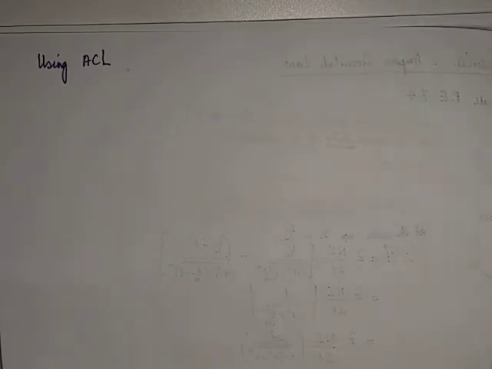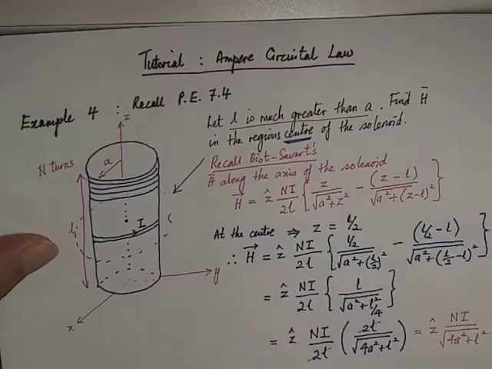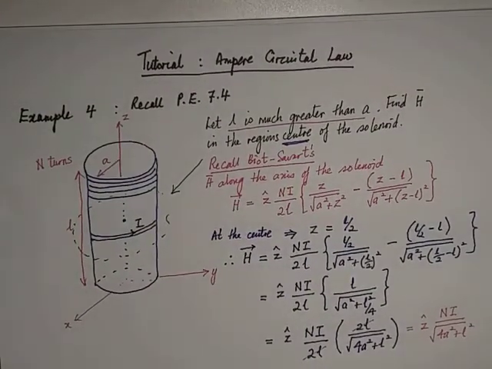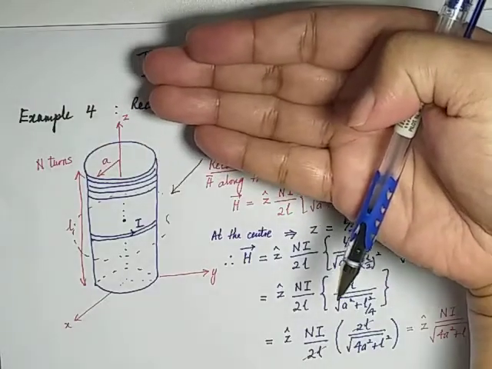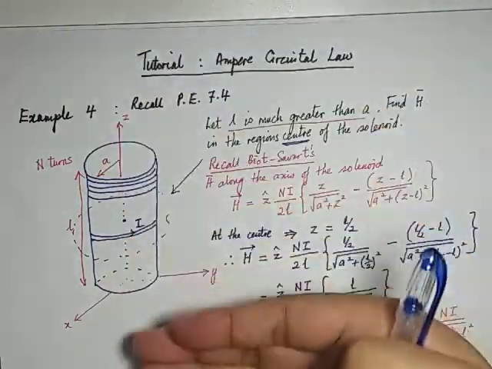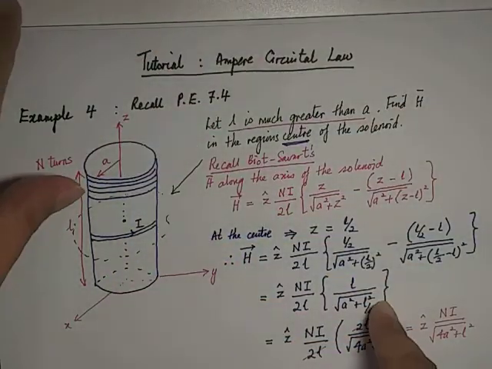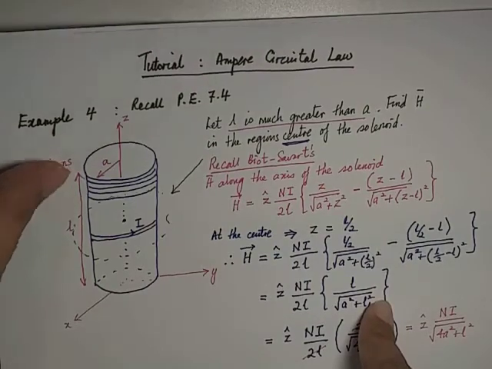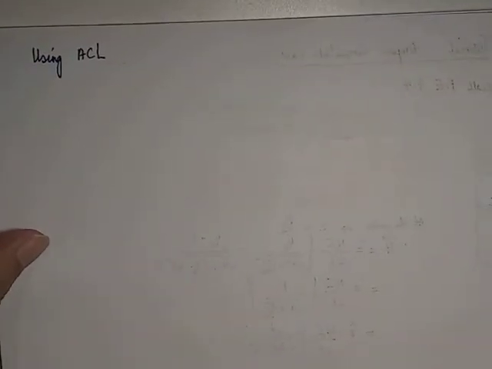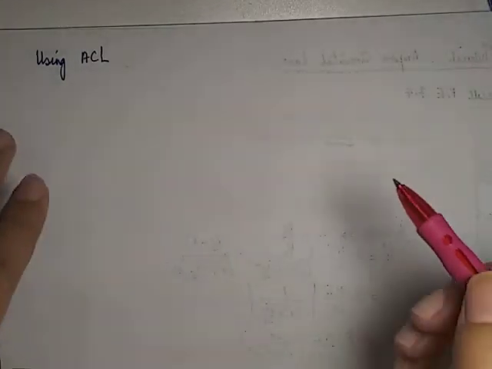So what I'm going to do here, if we go back to this diagram, I'm going to cut this solenoid longitudinally so that the current is either coming out or going into my paper. So therefore, in 2D, the same diagram is going to appear as such.